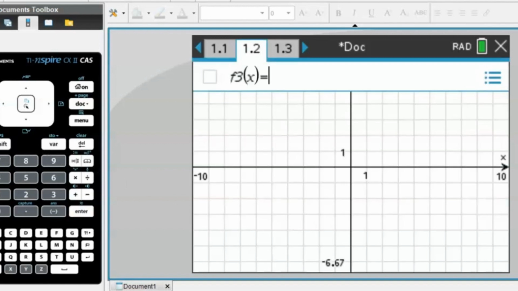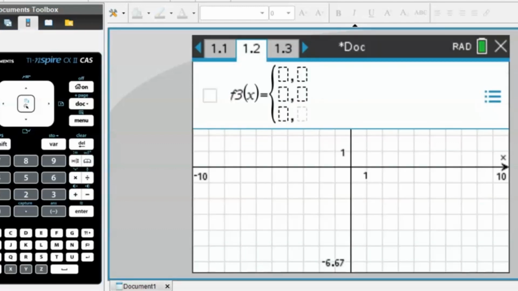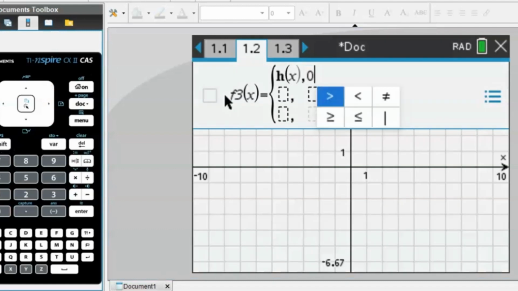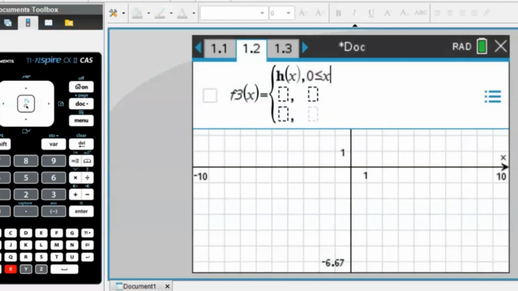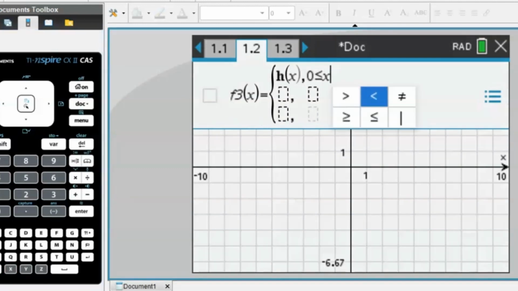Alright, now let's go back. So the catalog, again the piecewise, h of x rather than t, and this one was 135 from 15 to 20.